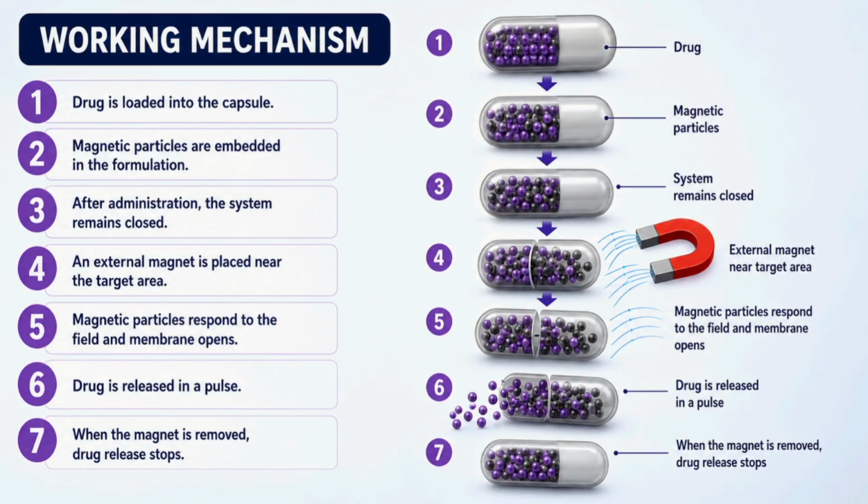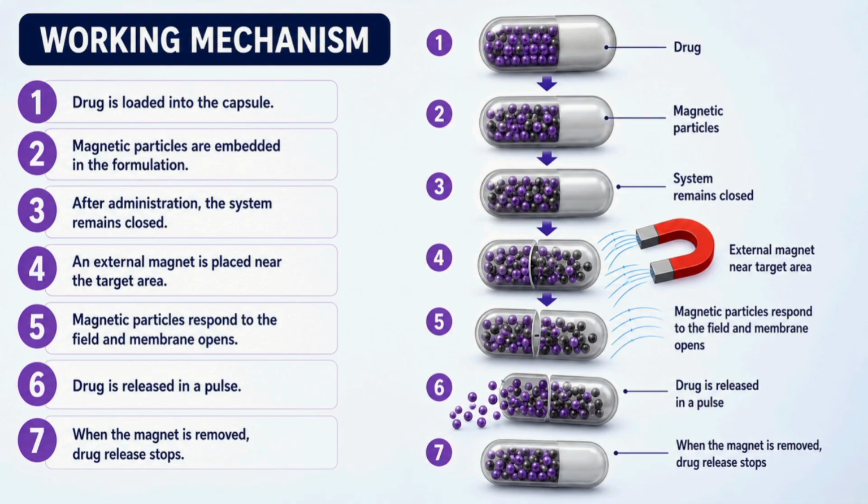Now let us understand the complete working step by step. In step 1, the drug is loaded inside the capsule. In step 2, the magnetic nanoparticles are mixed with the formulation. In the third step, the capsule is administered into the body. And in the fourth, initially the membrane remains closed, no drug is released.